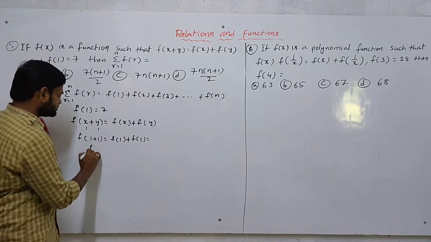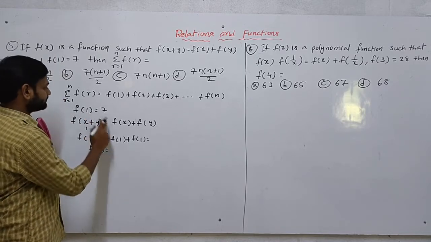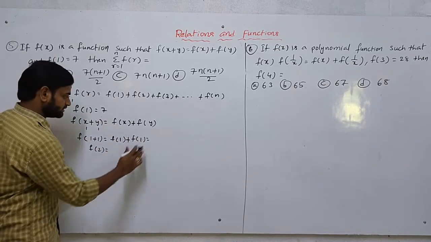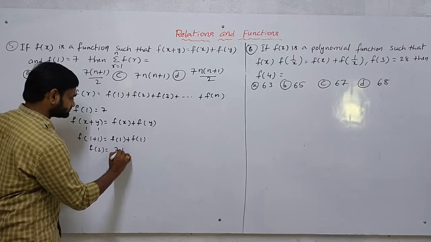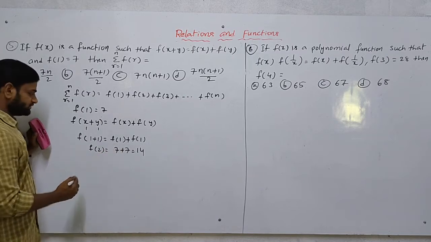So this is f of 2. f of 1 value is 7, again 7. That is 7 plus 7, it is 14. That is f of 2 value 14.